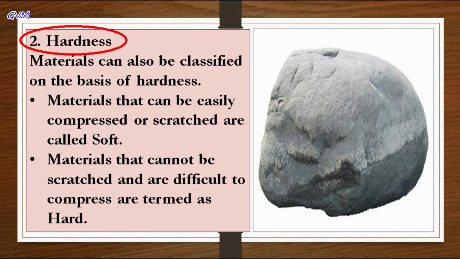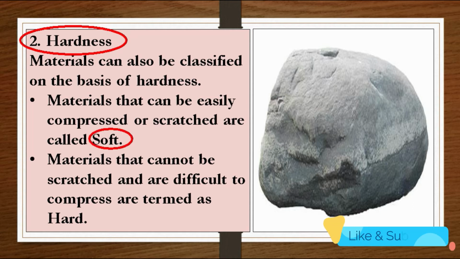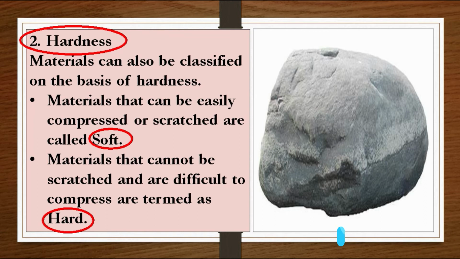And as we know, materials which can be compressed, cut, bent or scratched easily are called soft materials. Students, whereas those materials that cannot be scratched, cut or bent easily and are very difficult to compress are termed as hard materials like stone, wood, etc.